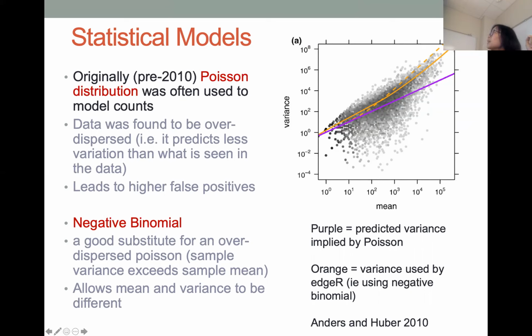In this figure, the purple is the variance predicted by Poisson, and the orange is negative binomial, which indicates Poisson always predicts less variation compared with the real variation, which causes more false positives.